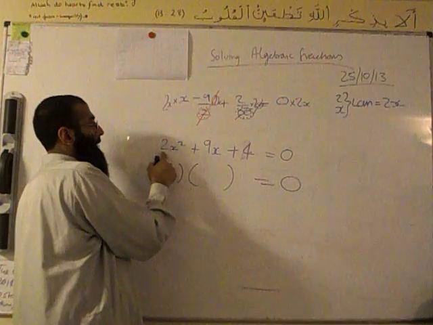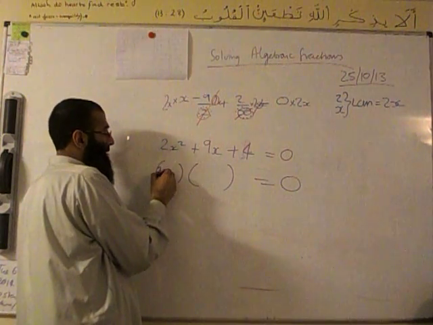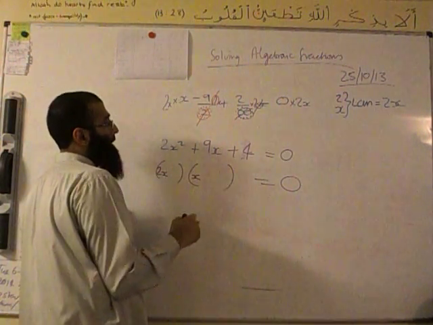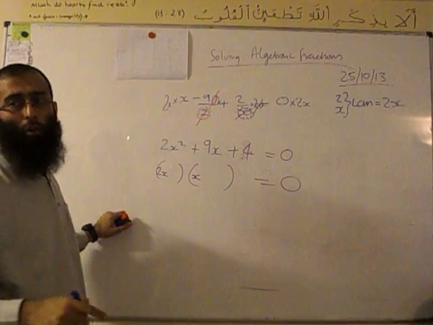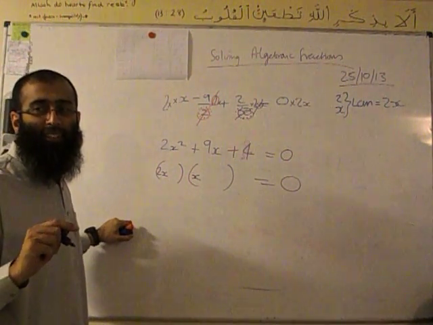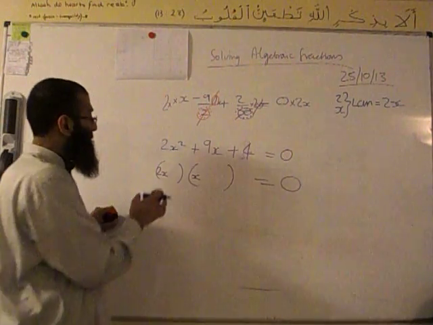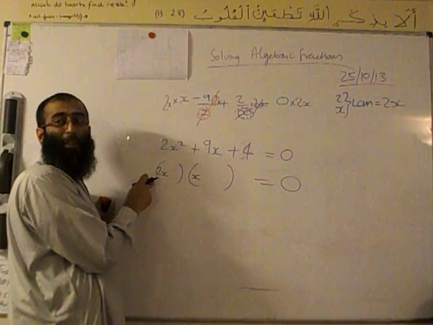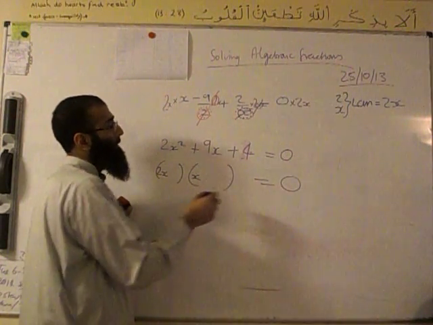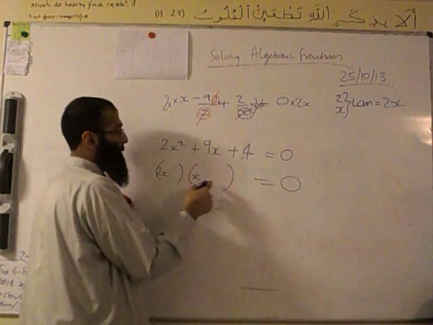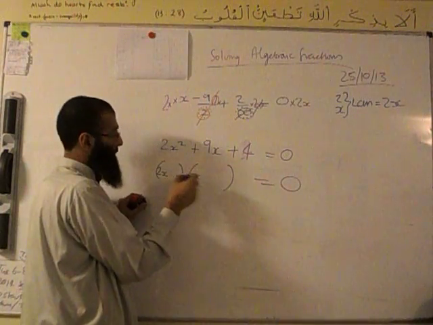Now, if you can split up 2x squared, what do we get on the side? 2x and x. So we're looking for the factors of 4. Two numbers that are timed to give you 4, but they don't actually add up to 9 in that sense. They will add up to 9, but when you multiply by the 2, because we have 2 in there. So let's look at the factors of plus 4. Let's just try 2 and 2. We put 2 here and just try them.